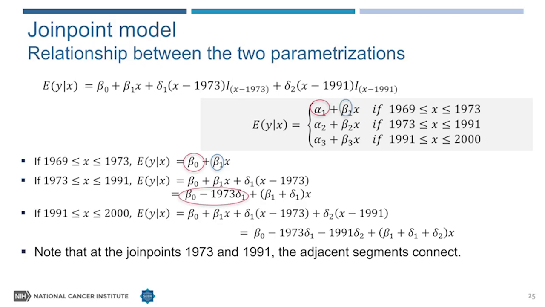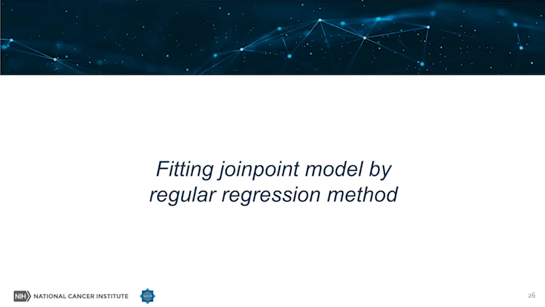The intercept beta 0 minus 1973 delta 1 corresponds to alpha 2. The slope beta 1 plus delta 1 corresponds to beta 2. Similarly, we see the correspondence in the third segment. Under the standard parameterization, we will be able to fit the joint point model by regular regression method.